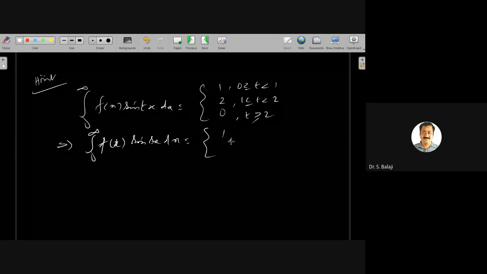Instead of t, I use s because that is the variable we studied so far, so it will be convenient for you. Like p, we change it to n; here also t, we change it to s.